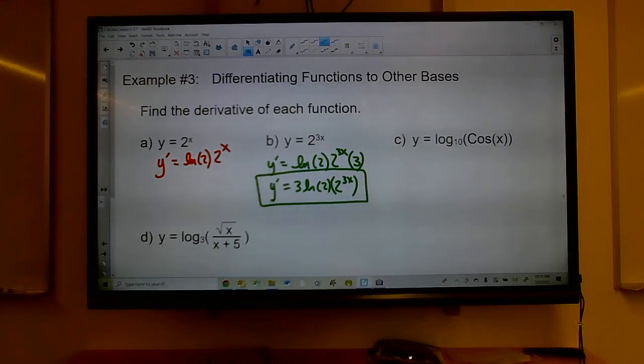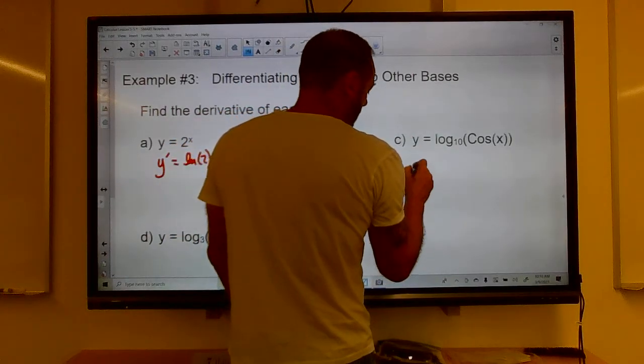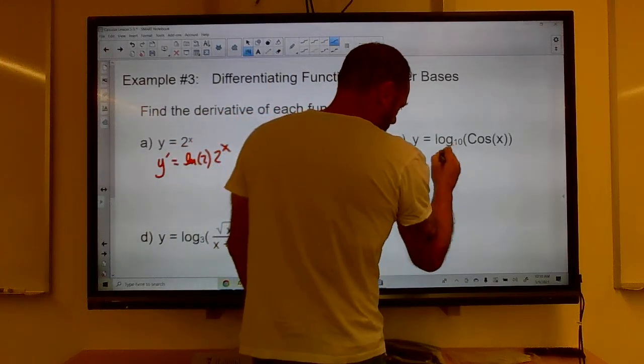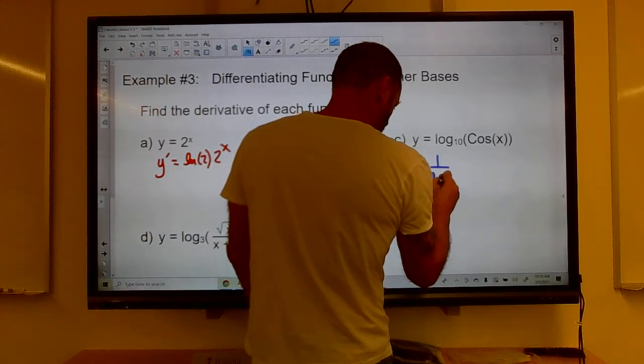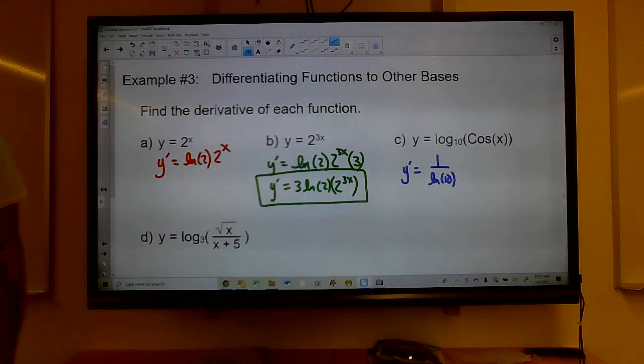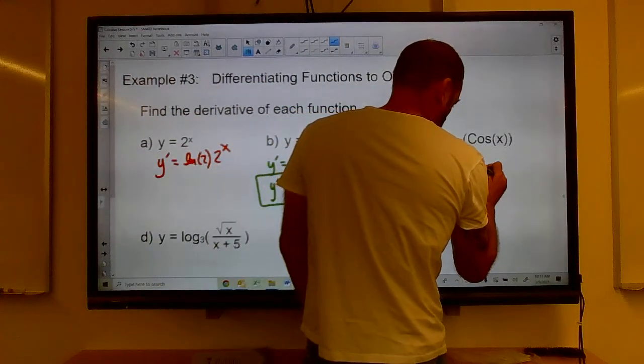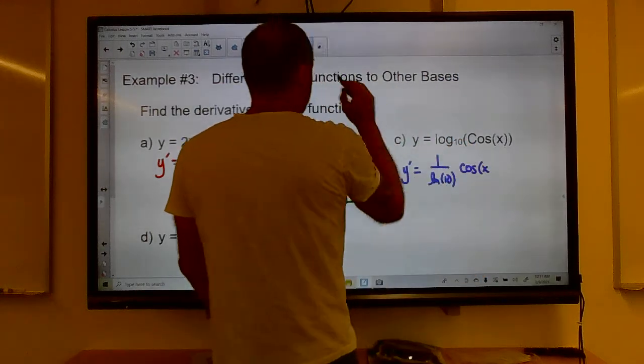So now we've got y equals the log base 10 of cosine of x. With our formula, that's going to be 1 over the natural log of 10 times cosine on the bottom.